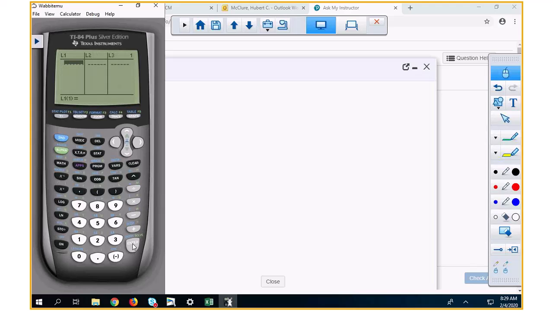Edit. 6, 8, 10, 15, and 18. Everybody with me? Now I hit Stat, Calculate, first variable statistic. L1's already there, hit calculate. There you go. We don't have the variance.